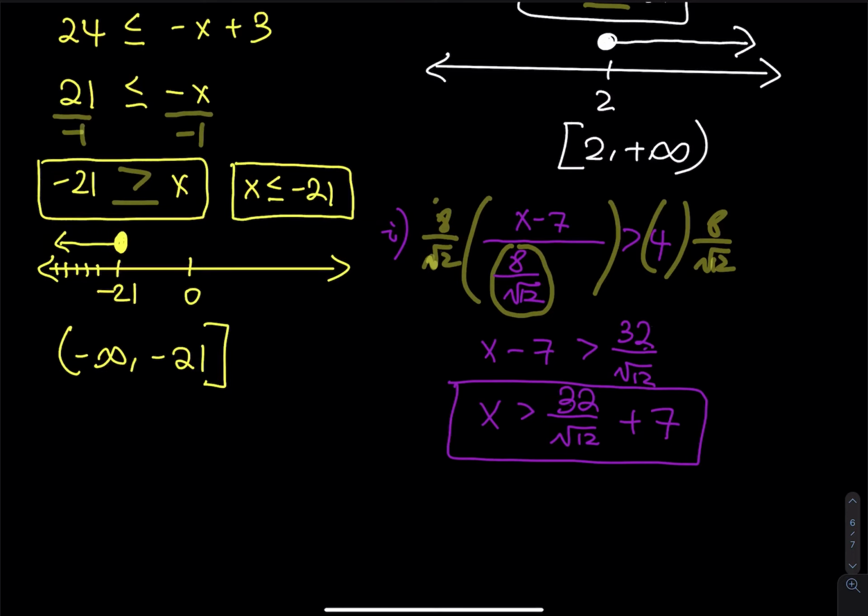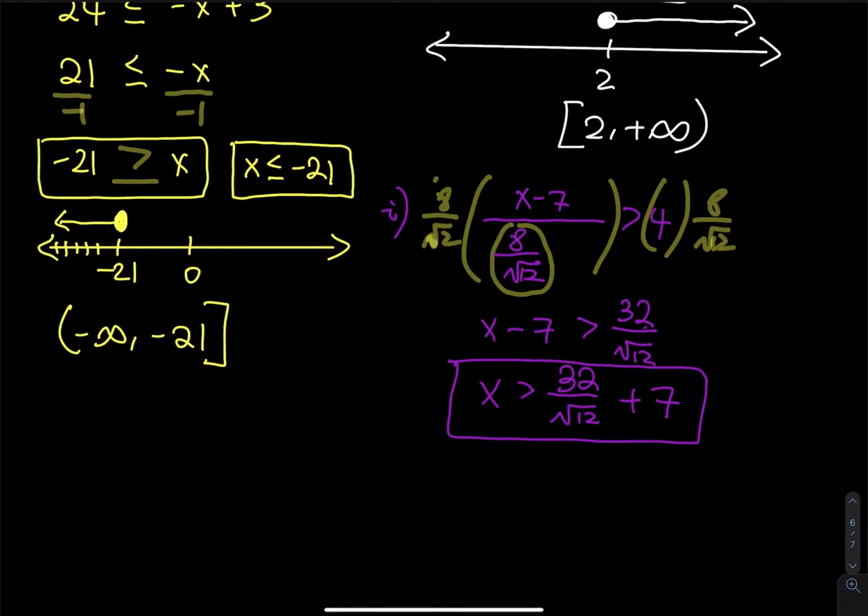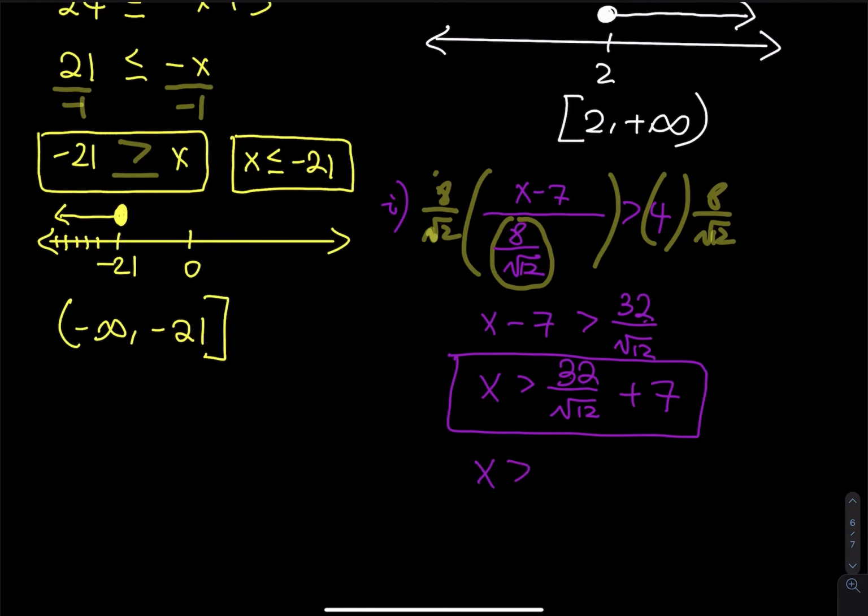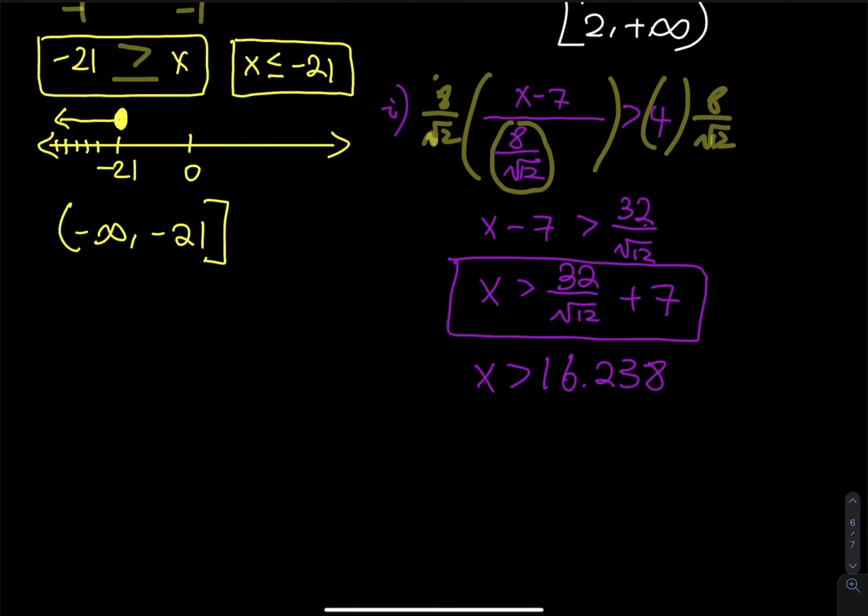I asked you to round to 3 decimal places, so it is supposed to be a 7, 2376, right? You add 1 to the 7, so that becomes 16.238. So that is your solution set, and then let's graph that.